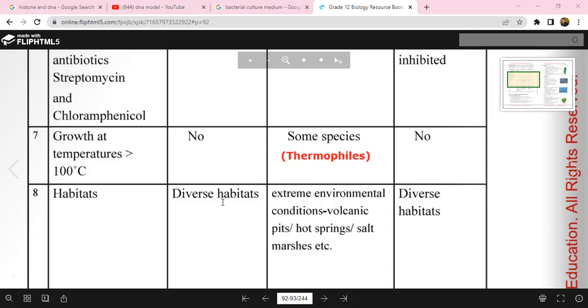All of them are not in the syllabus. You have only thermophiles and halophiles in the syllabus. Understood? And anaerobes. What are the three extremophiles in the syllabus? Thermophiles, halophiles, and anaerobes. Those three are in the syllabus. Others are not in the syllabus.